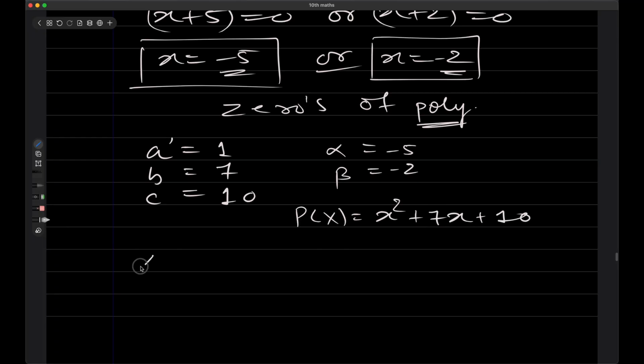Now verify the sum, that is equal to minus b by a.